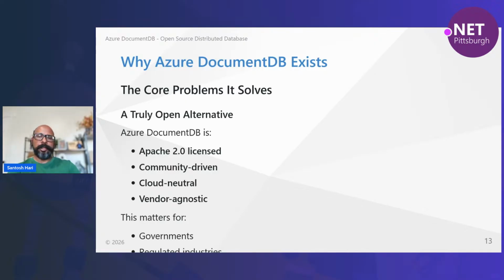And Azure DocumentDB is Apache 2.0 licensed, which is OSI approved. There are no strings attached. It's completely community driven development, on MongoDB and on Postgres, and you get both of those.